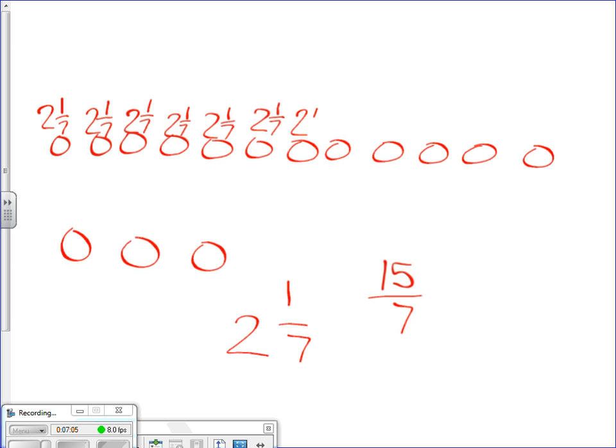If each jar got 2 and 1/7, am I going over 7 gallons of peanut butter?